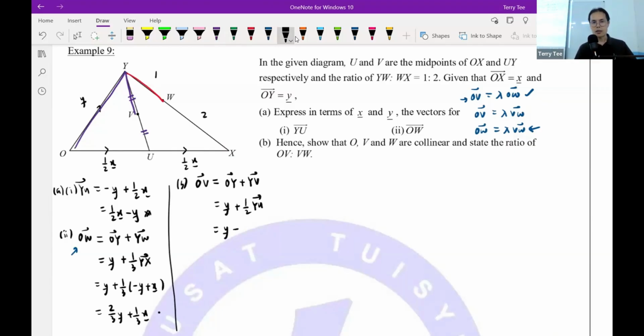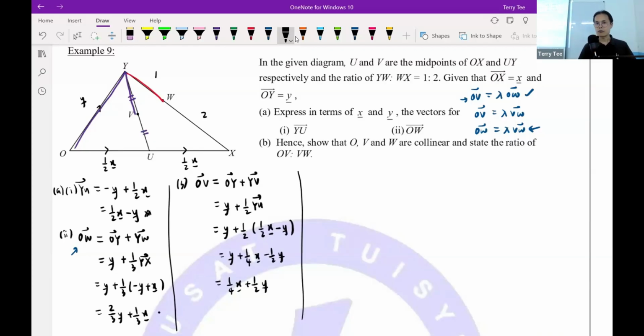YU we already have earlier: half X minus Y. So let's multiply. This is half times half, 1 over 4 X, minus half Y. My OV is 1/4 X plus half Y. Okay, I got my OV already.